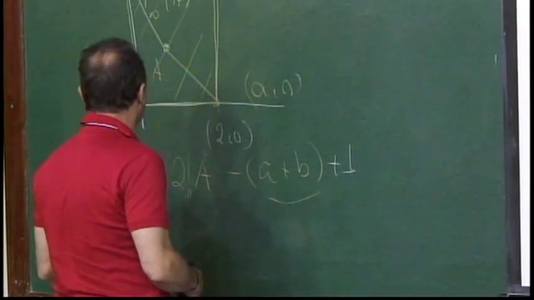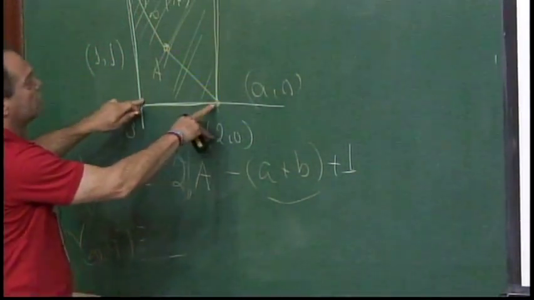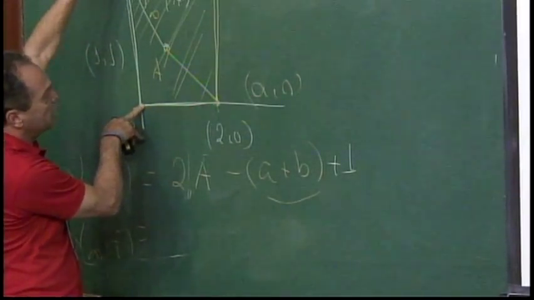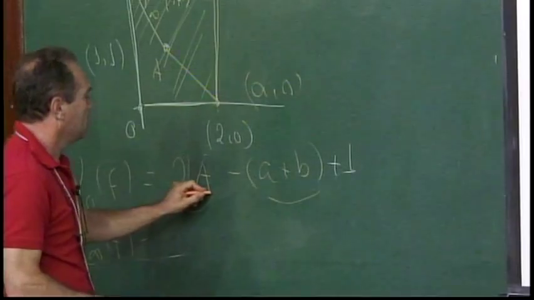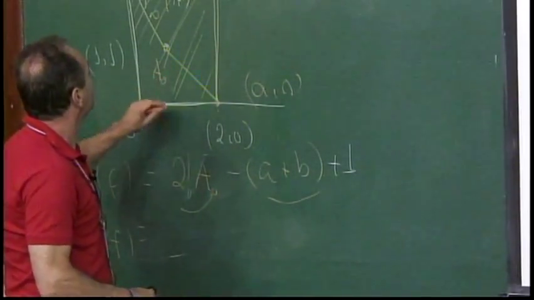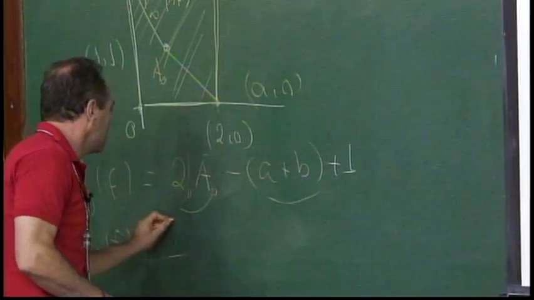This is the big A. The coordinates are the same, but here let's call it A_0, and we have the area A_infinity here.